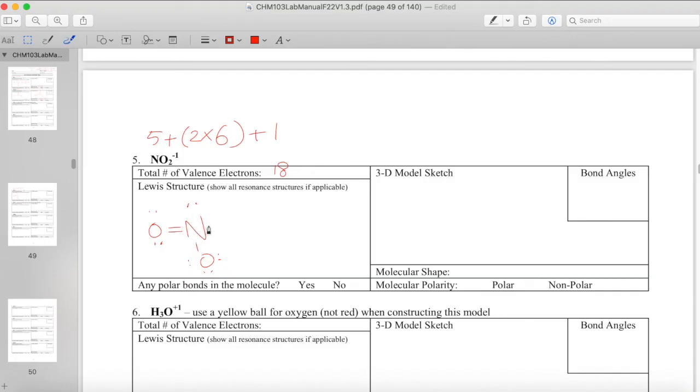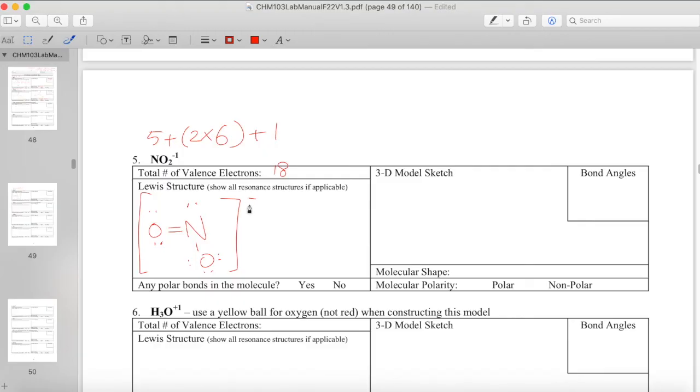But since we're not covering formal charges, let's keep things simple and just say that somewhere in this molecule there is a negative charge. So I'm going to put square brackets around the whole thing and put the negative sign on the outside so that we've acknowledged that there's a negative charge in there somewhere.